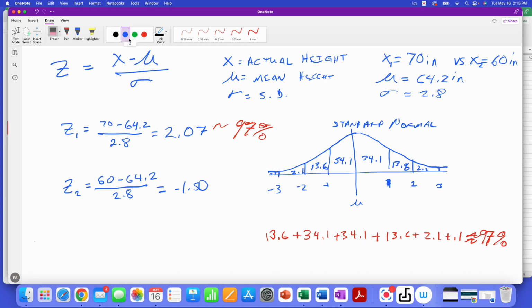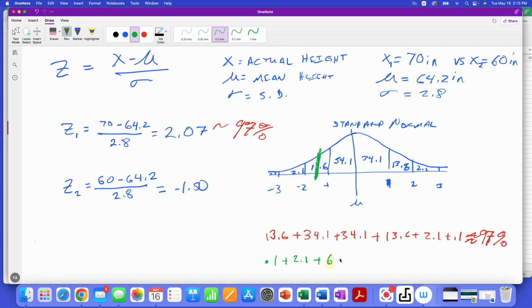So the other person was this negative 1.5, and that would be right about there, right? So in that case, how much of the population is that individual taller than? Well, we just simply add up those pieces. So we have the 0.1 plus the 2.1 plus, well, that's not exactly half of that, but we could estimate.